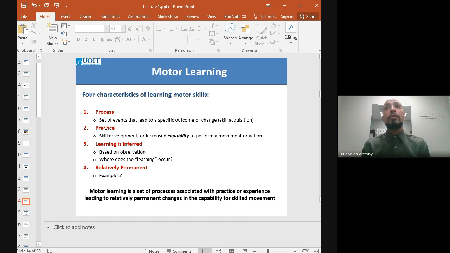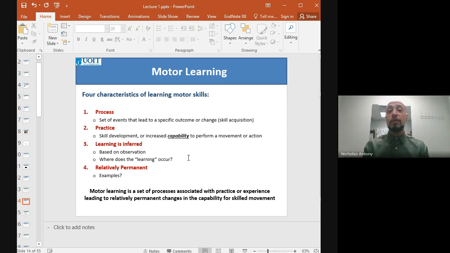You have to come up with measurements to assess performance. How do I know that Karen is better at swimming than Andrew? You would have to have people perform the motor skill and observe their performance, and then come up with variables to measure their performance, and then you would compare.